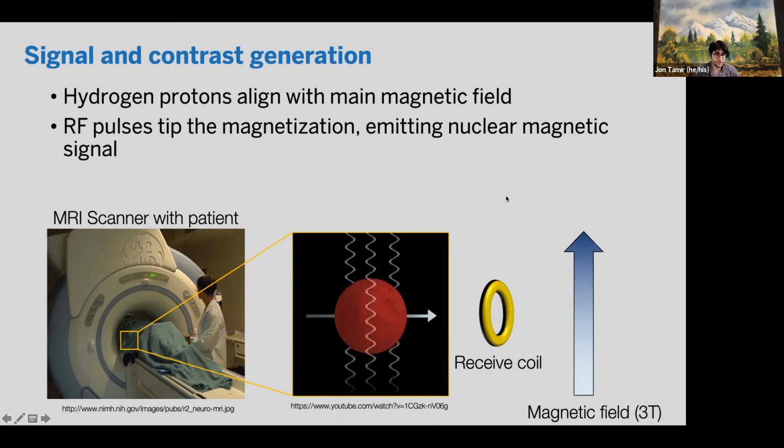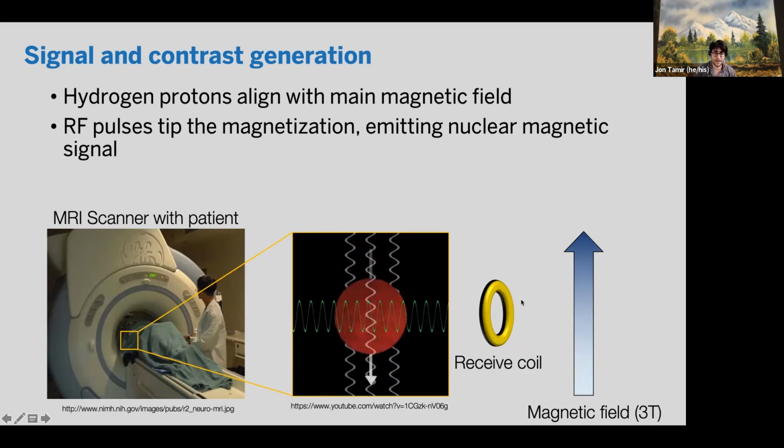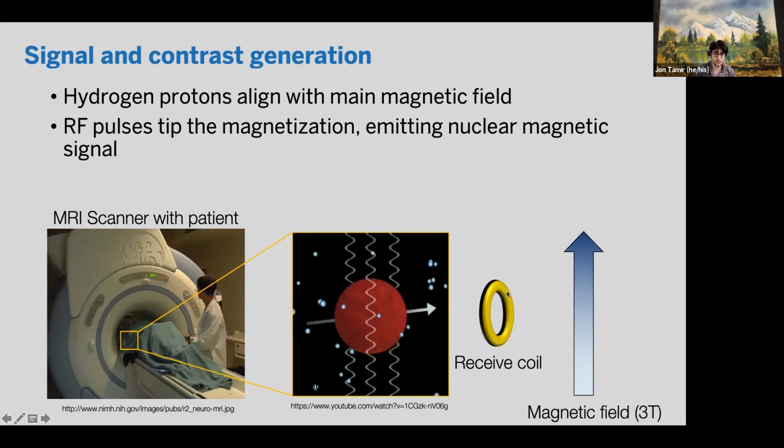And now what we do is we interrogate the spin with RF energy. We emit a radio frequency pulse, and this causes the spin system to be perturbed. And when we place a receive coil near that spin, we will pick up a signal. And that signal will be related to the amount of spins in the position of the body and the various properties of that spin. When we turn off the RF pulse, things go back to normal and we can start the experiment again.